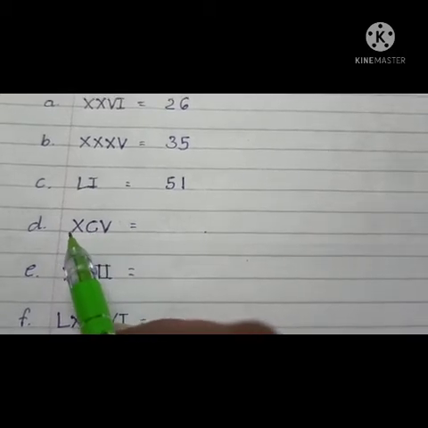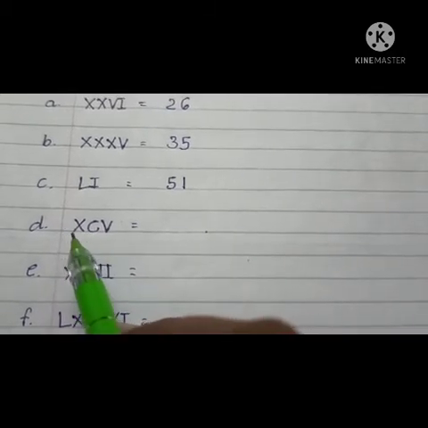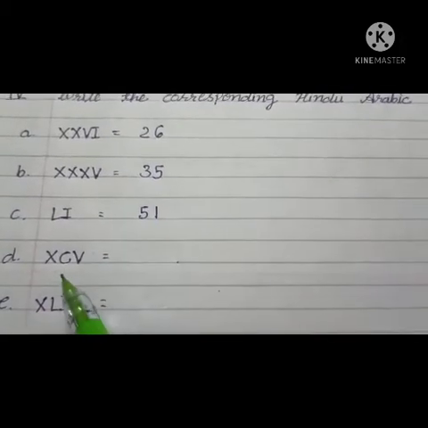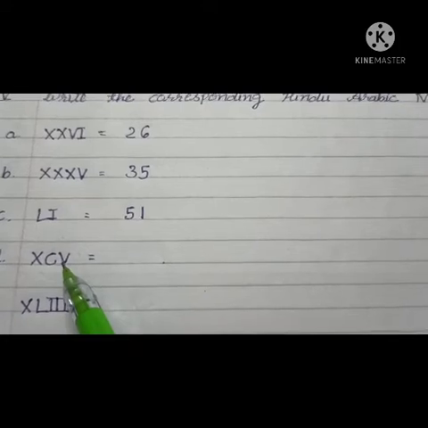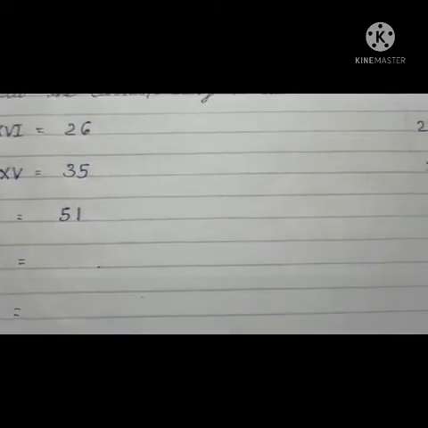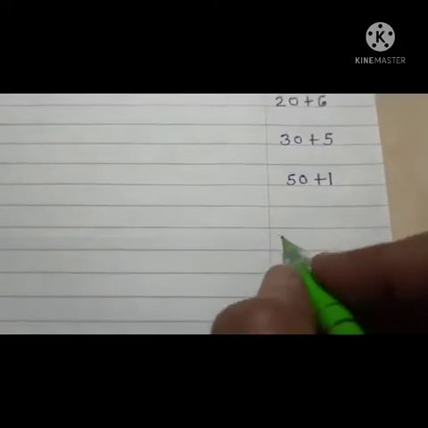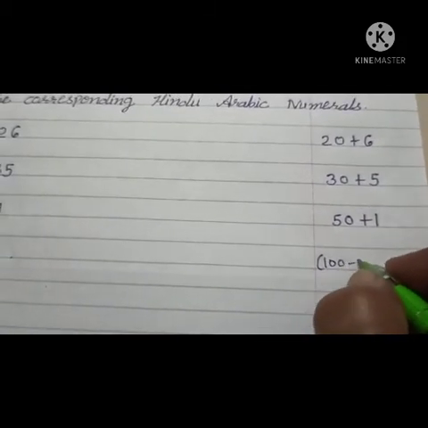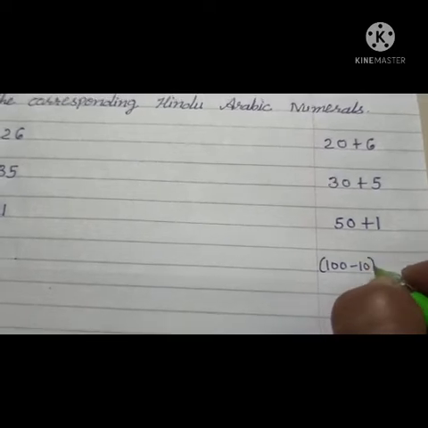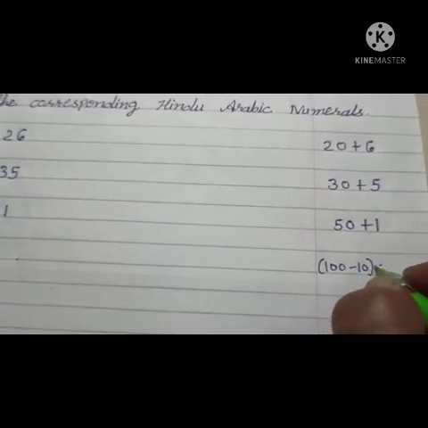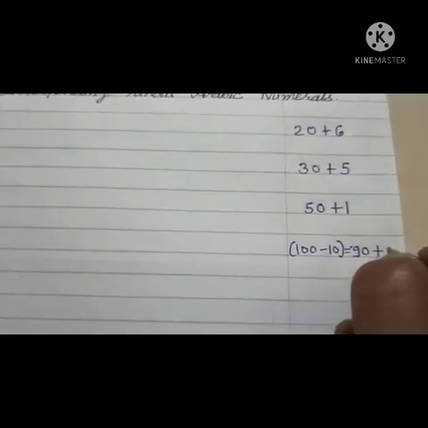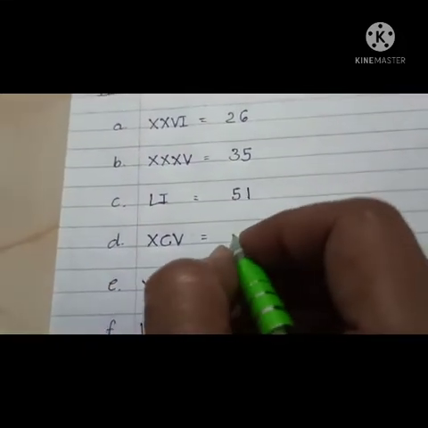A smaller number is in front of the bigger number. That means 100 minus 10, that means 90. And V has a value of 5. 90 plus 5. That means 95.